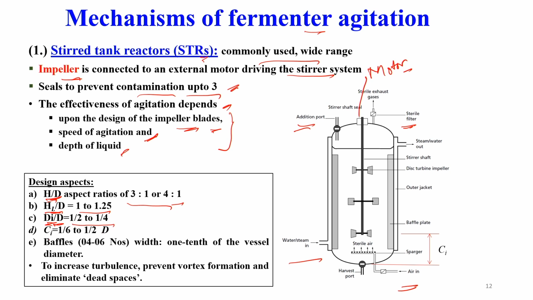In addition, there is a clearance from the base, where these impellers are installed, from the bottom of the reactor. It is 1.6 to 1.2 times the diameter. The number of baffles is typically 4 to 6, and the width of the baffle is 1/10 of the vessel diameter. The function of baffle and impeller we have already discussed in the last slide.